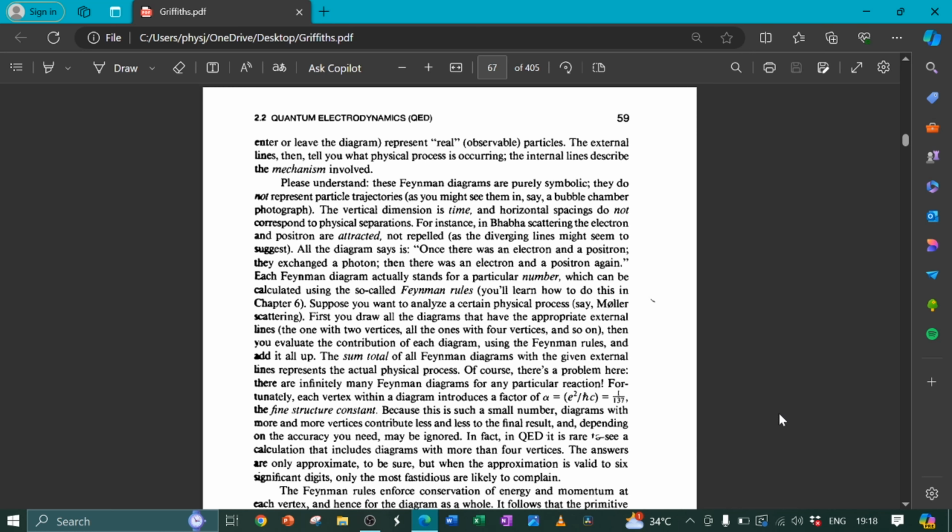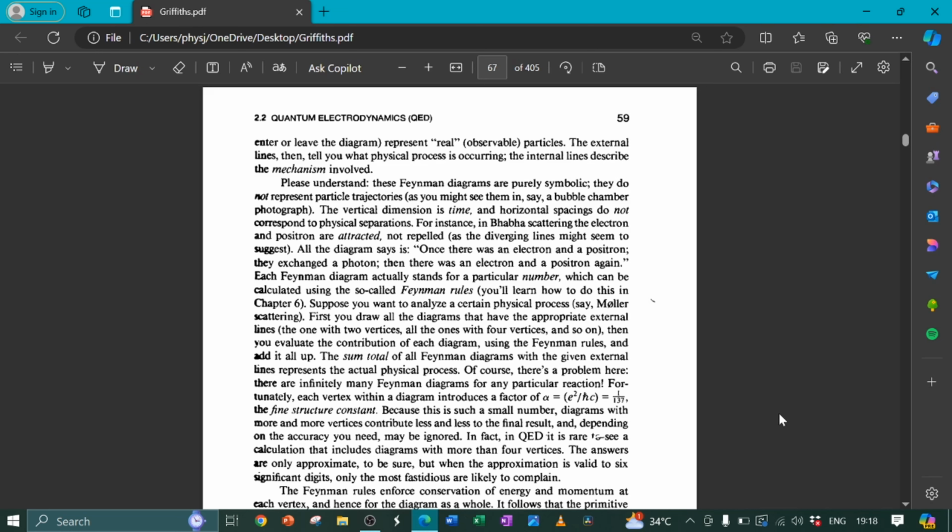Fortunately, each vertex within a diagram introduces a factor of alpha equals e squared divided by h-bar c, equal to 1 over 137, the fine structure constant. Because this is such a small number, diagrams with more and more vertices contribute less and less to the final result, and depending on the accuracy you need, may be ignored.